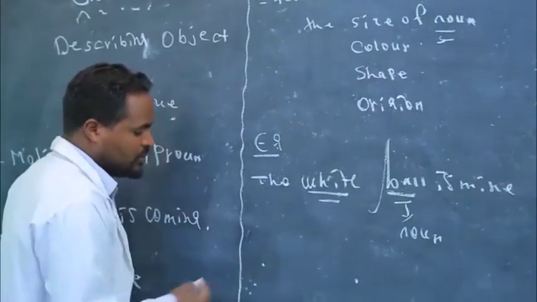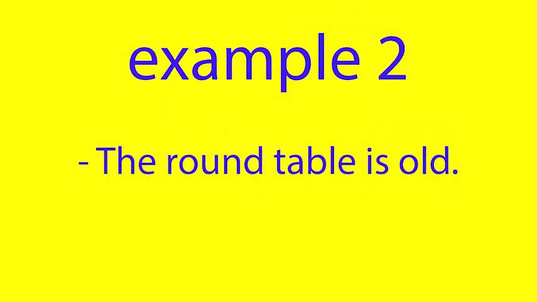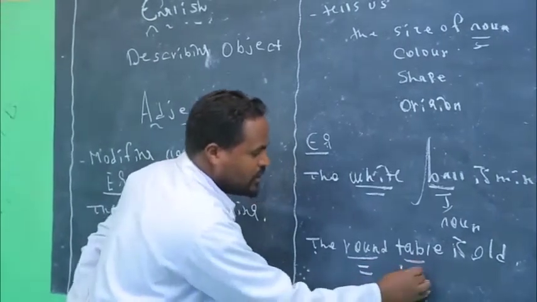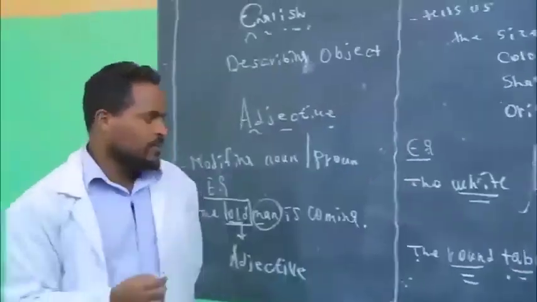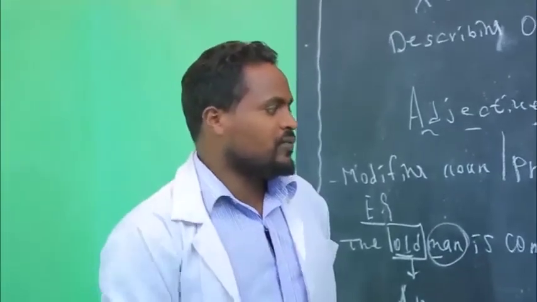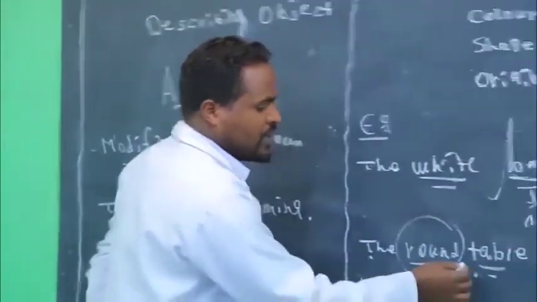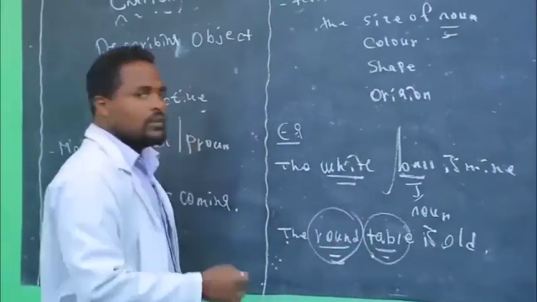For instance, if we say the round table is old, round is an adjective and it describes the shape of the noun table.